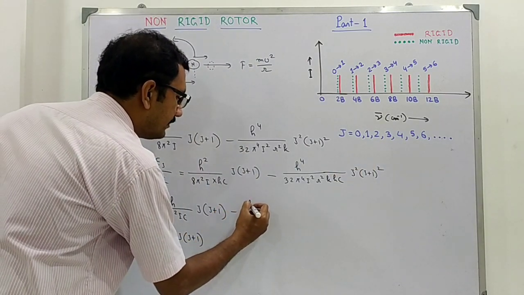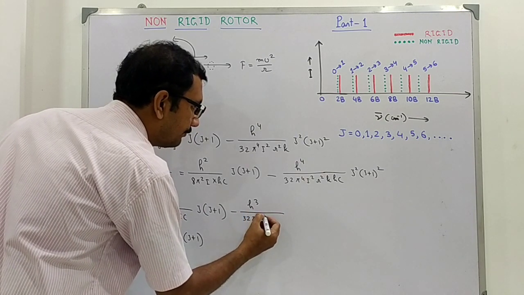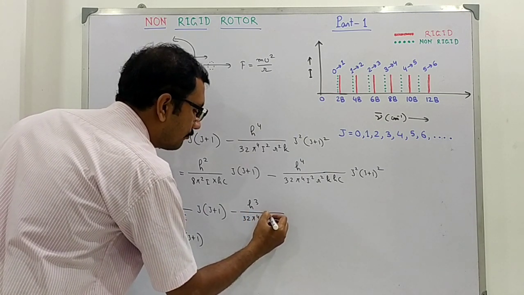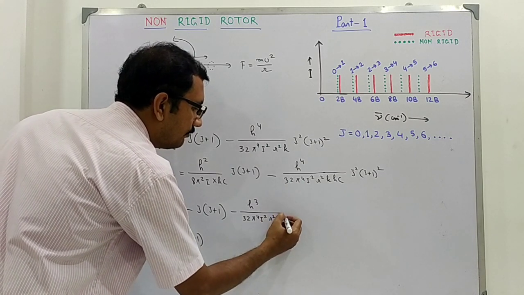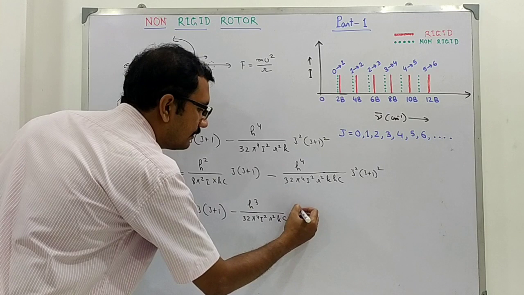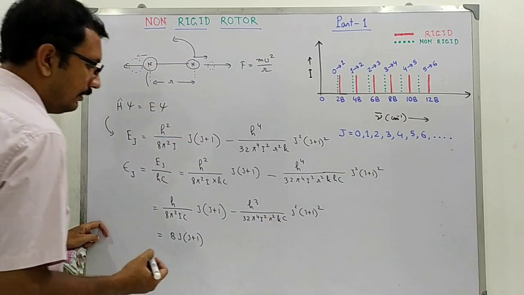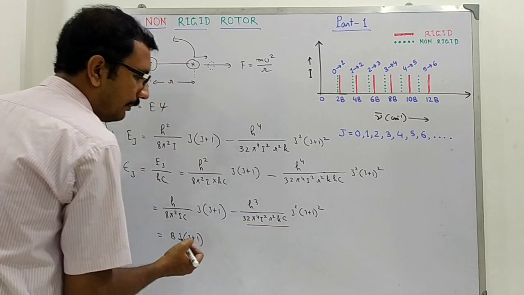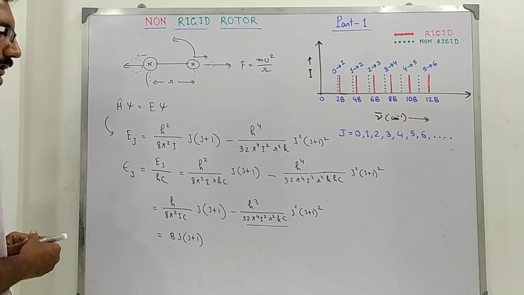So, this will be h cube upon 32 pi to the power 4 I square r square k, h will cancel out, it will be c, and it is j square into j plus 1 whole square. Now, this we will define as the centrifugal distortion coefficient.